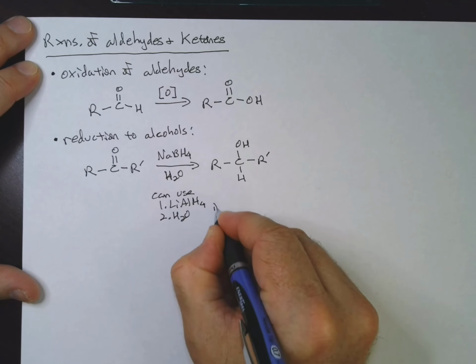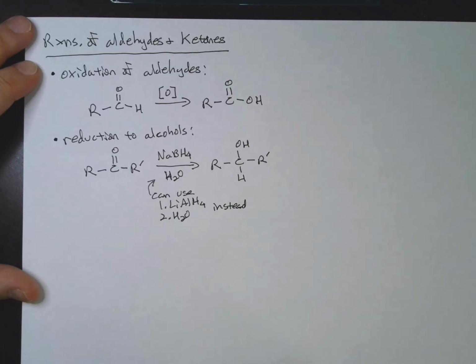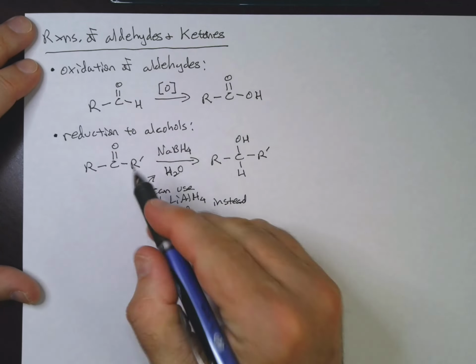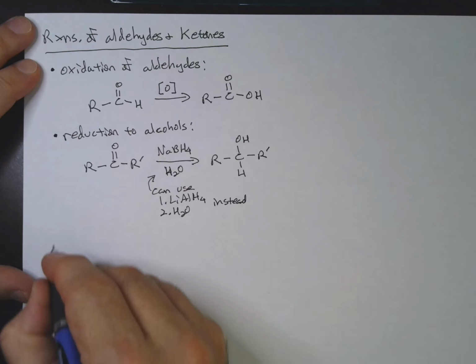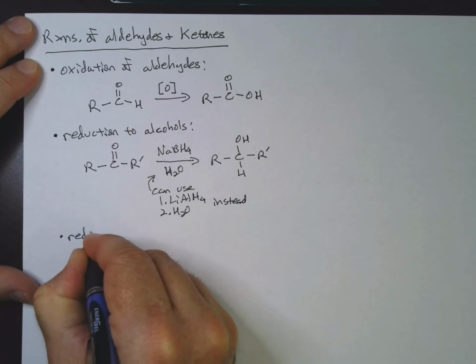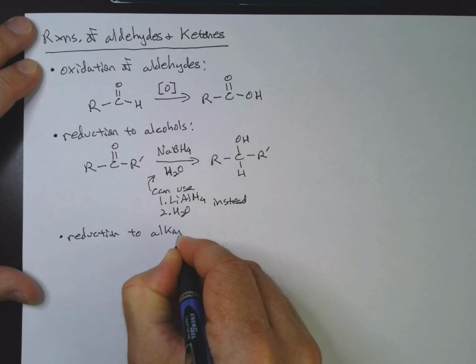H2O instead. That would be another reducing agent that we could use. And this works for both aldehydes and ketones. We've also seen a reduction to alkanes.